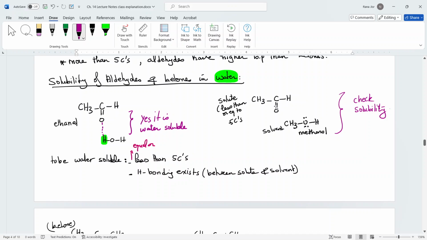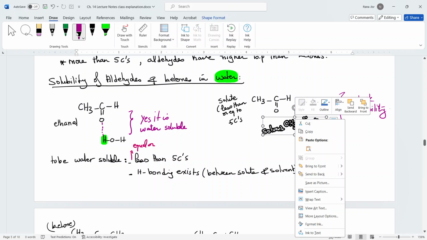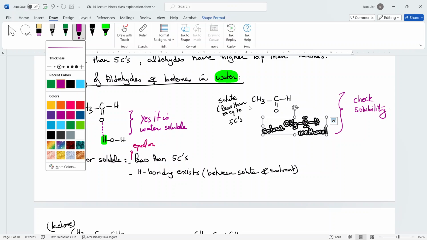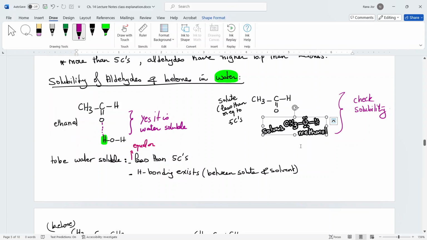Let's have another example. That same aldehyde: is it soluble in methanol? So check hydrogen bonding again. I do have a hydrogen connected to an electronegative element here, and this hydrogen interacts with the carbonyl electronegative element.